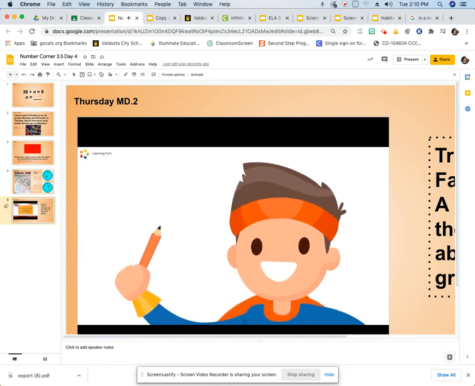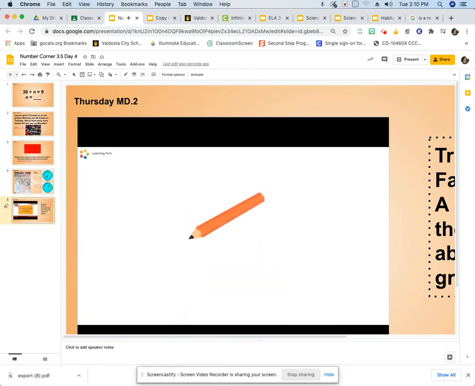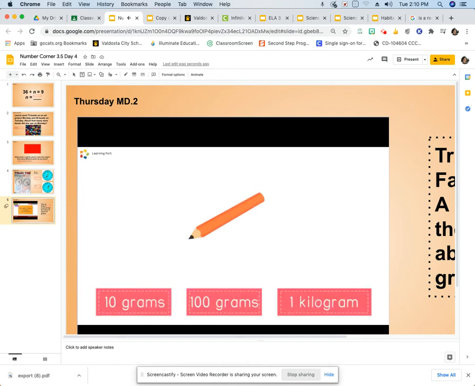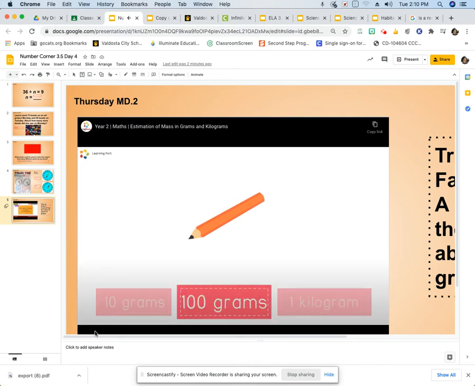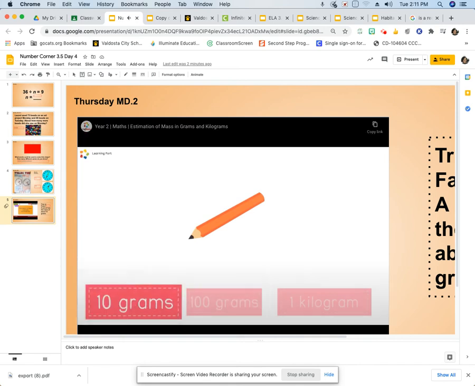That would be fun. What is the mass of this pencil? 10 grams, 100 grams, or 1 kilogram? 1 kilogram. Sorry, the pencil is not that heavy. 100 grams. The pencil is lighter than that. 10 grams. Correct.